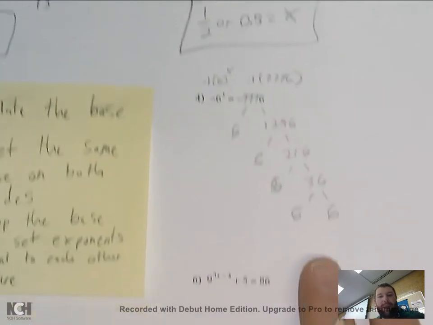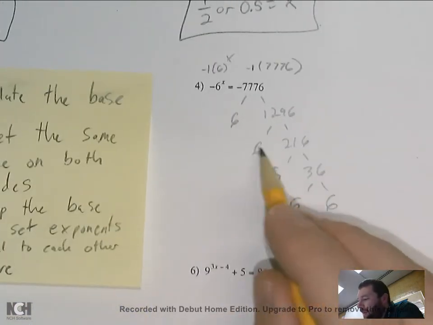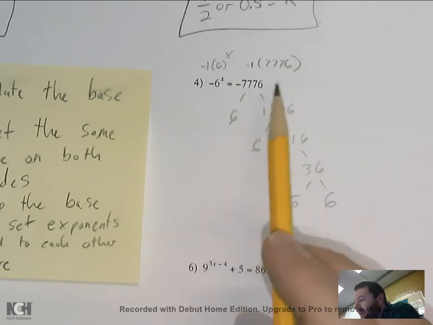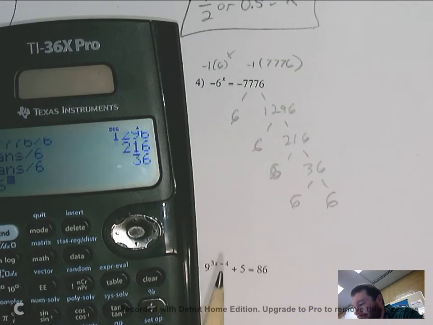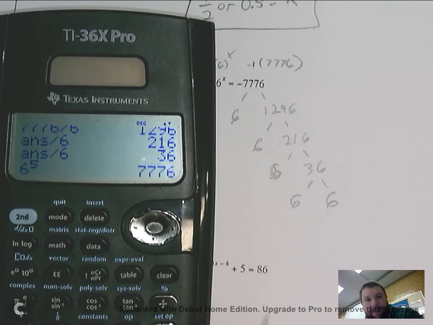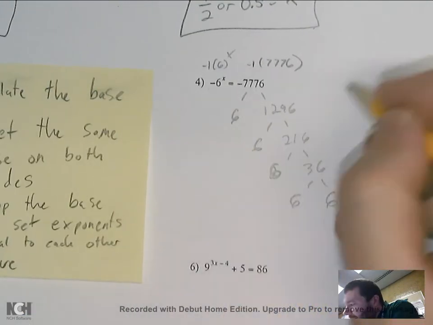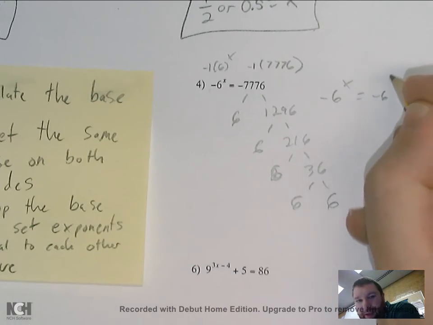Okay. Now, I can count up how many 6s I have. 1, 2, 3, 4, 5 6s. So that means 7,776 can be written as 6 to the 5th. Again, double checking, 6 to the 5th power is in fact 7,776. So I can rewrite that as -6 to the x equals -6 to the 5th.